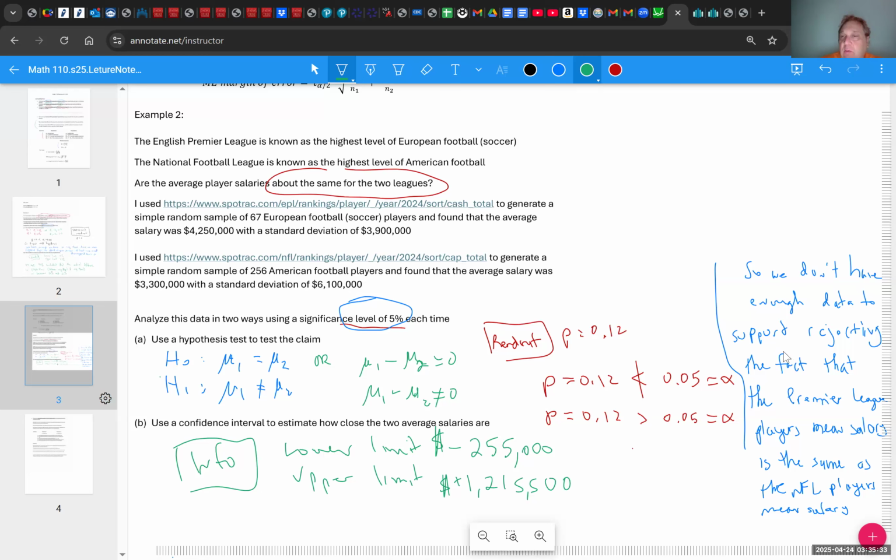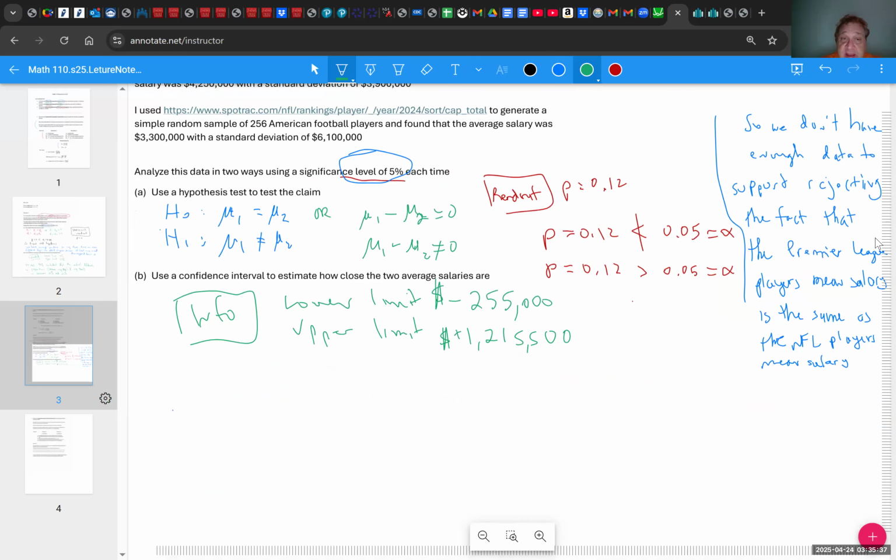So now we know at the 95% confidence level that the actual difference between the average salary is between negative 255,000 and, oh, this is actually not right. It's 2.1 million, 2155. There we go. Sorry, I switched numbers in my head somehow.